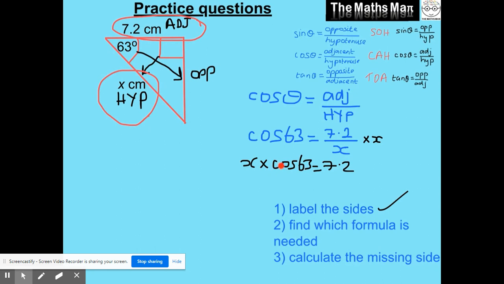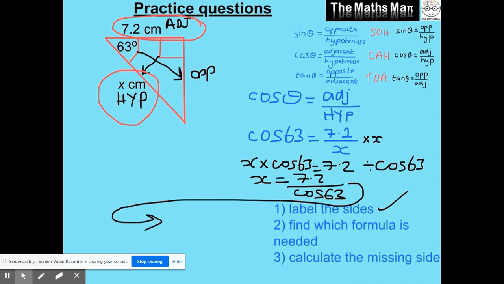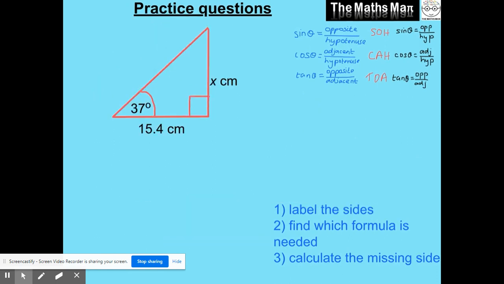Again, because x is multiplying a cosine of 63, cosine 63 is a number, so we're going to divide by cosine of 63 on both sides, and we end up with 7.2 divided by cosine of 63. Again, going to our Desmos scientific calculator that we practiced yesterday, we end up with 15.86 centimeters. And that is problem number 2. Let's go to question 3.